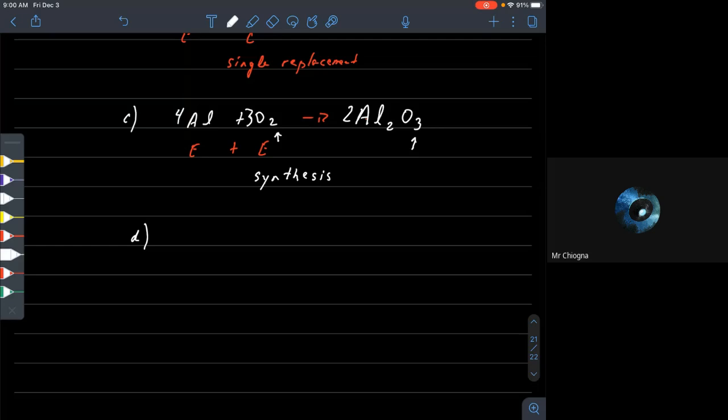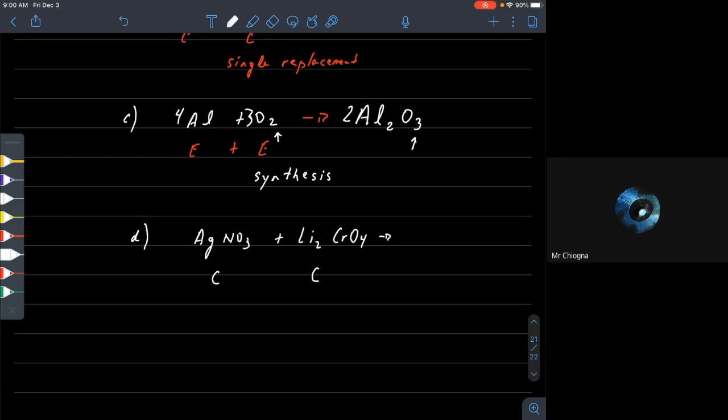Okay, if you look at it, it starts off with AgNO3. Okay, so this is a compound plus a compound. That's a pattern.